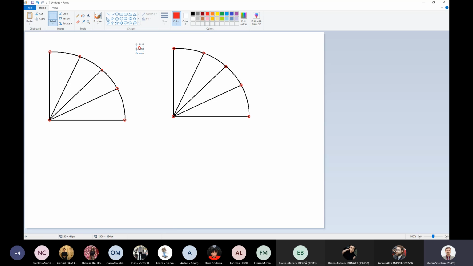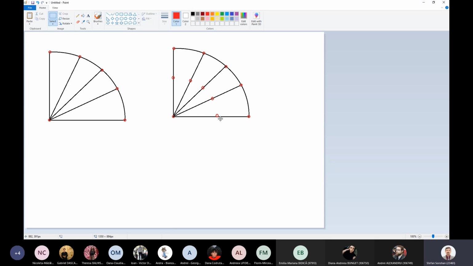For example, we can put the node here, a node here, and so on. It's your business how the mesh will be done.